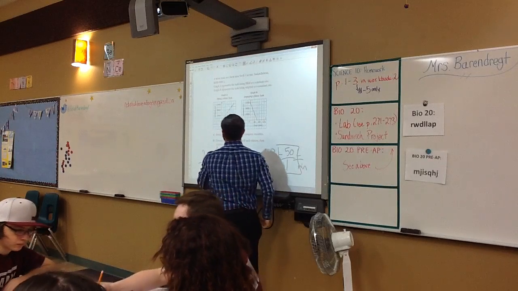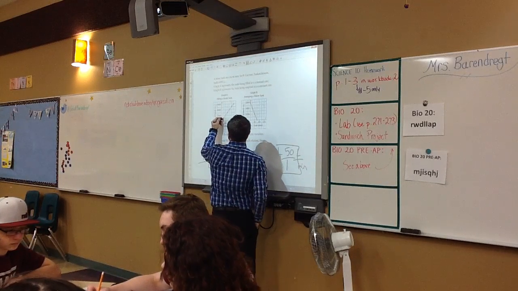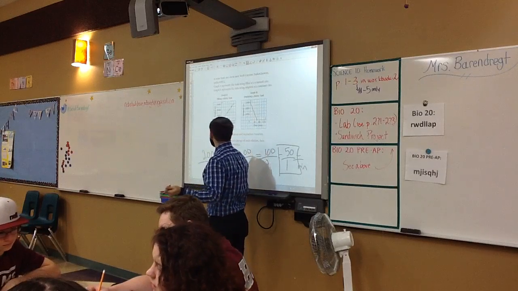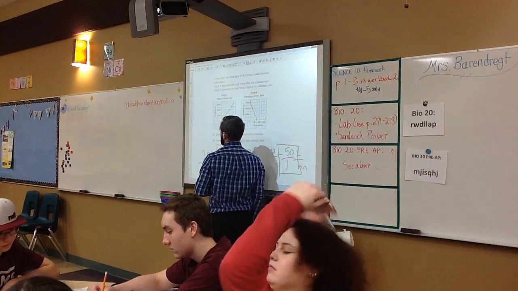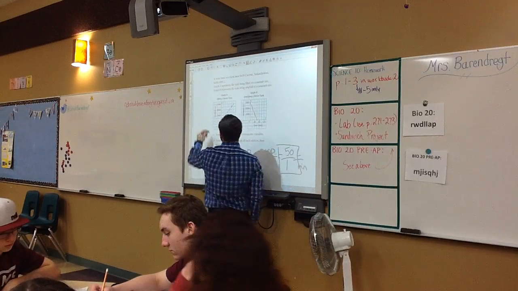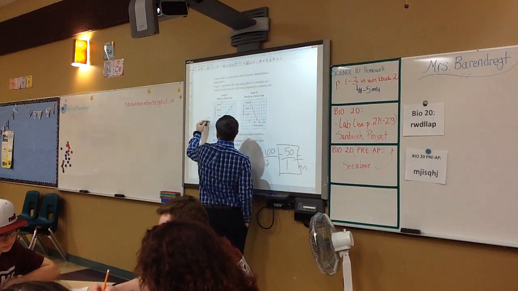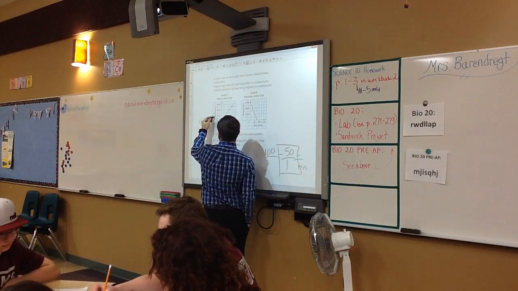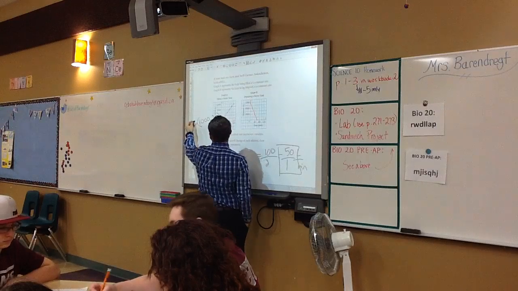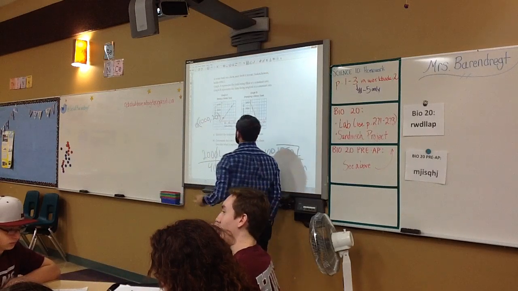So 1 point could be, I guess, what point would this be? If anybody can see it. 1,000 and half of 40, 20. That's point 1. Pick another point.